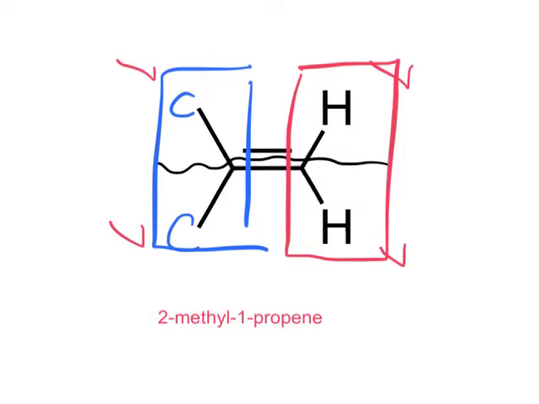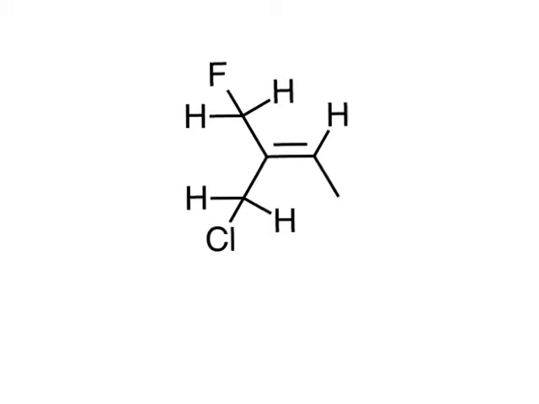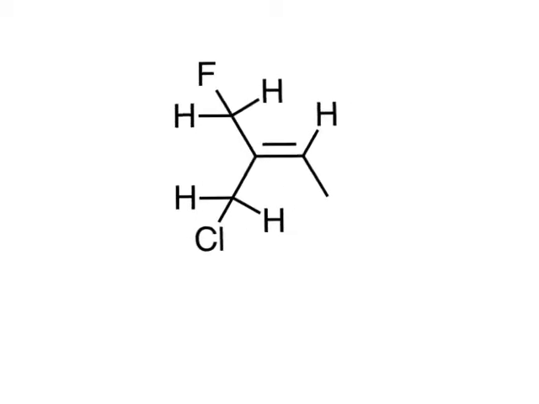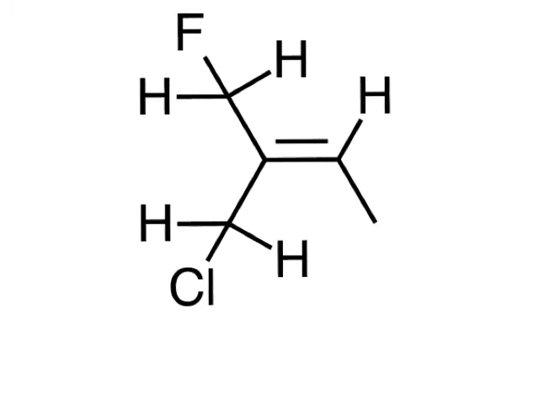All right, let's take a look at a molecule that we could name with E and Z that gets even a little bit more complicated. We have this molecule here. We're actually not going to try to name this molecule, but we are going to identify the E or Z nature of the molecule. This one is a good one to look at because it gets a little bit more complicated. First I'm going to blow this up and make it a little bit bigger.